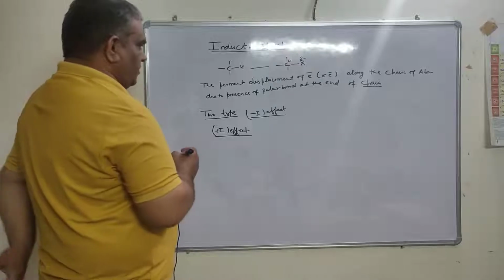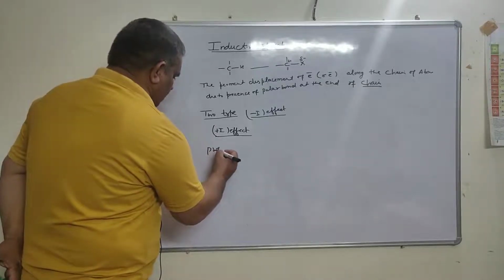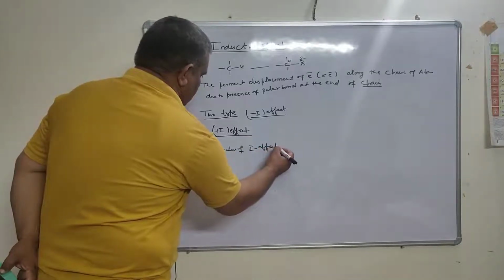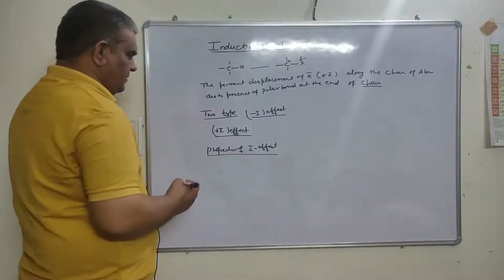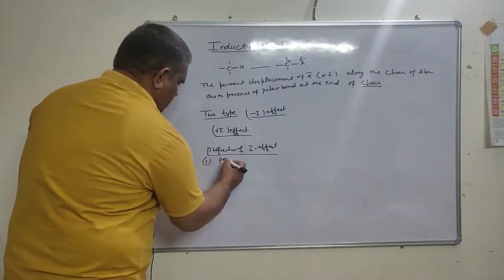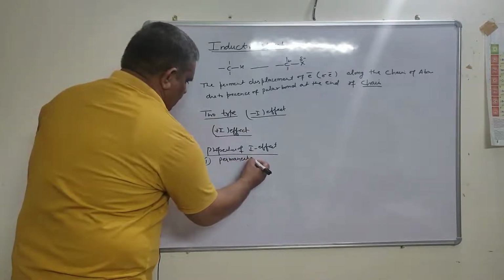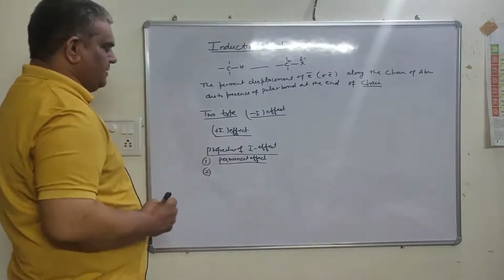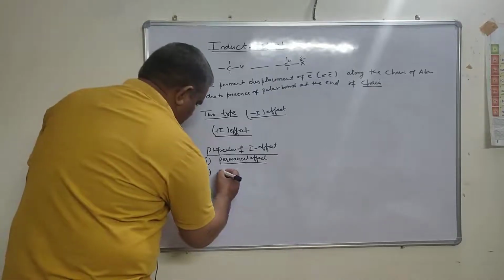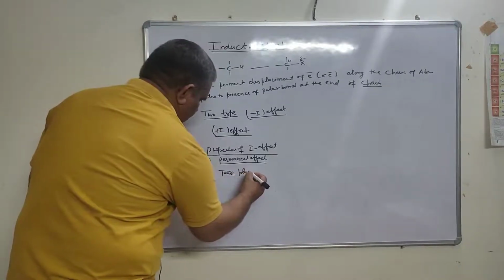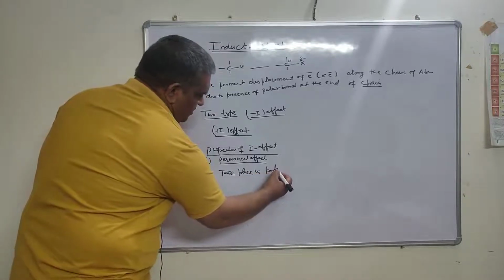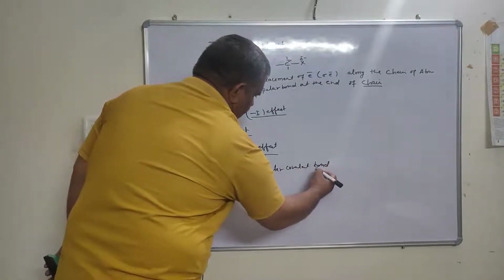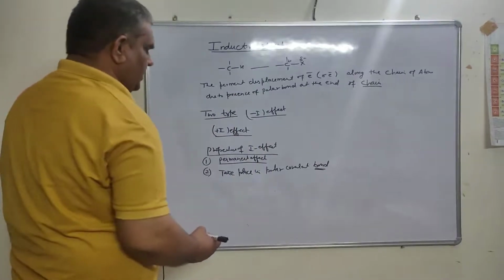And the properties of the I effect. It is a permanent effect, and the I effect takes place in a polar covalent bond, with the displacement of sigma electrons.